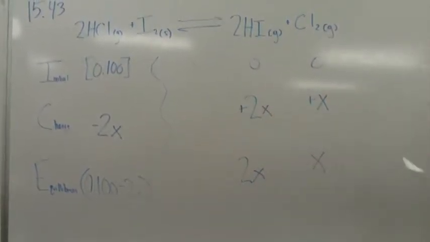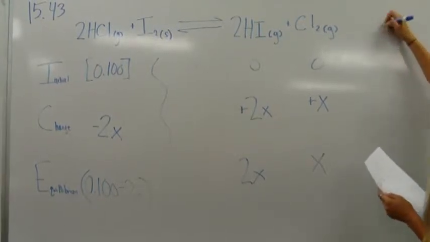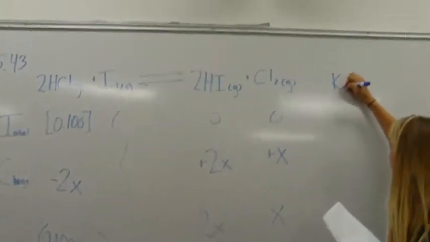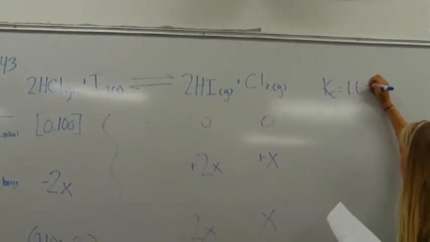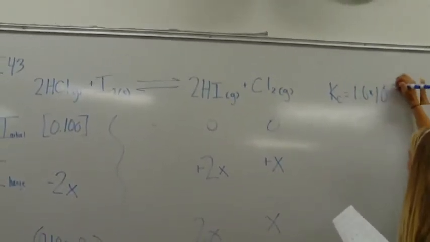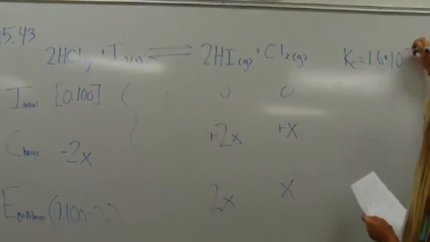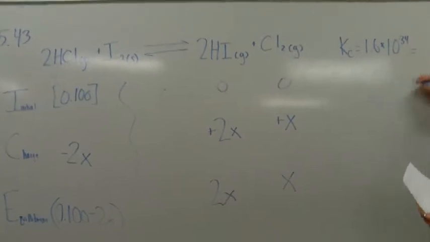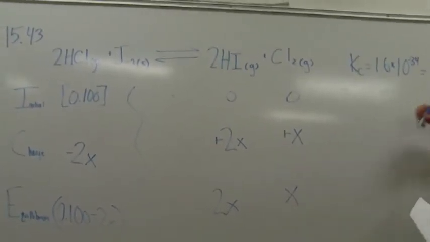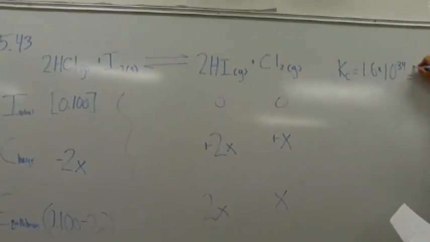So first of all, we need to write the equilibrium law. So Kc, which they gave us, is 1.6 times 10 to the negative 34 equals, it's going to be products over reactants, and we can ignore the solid.